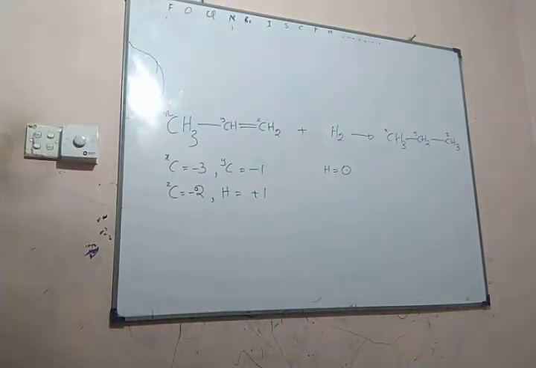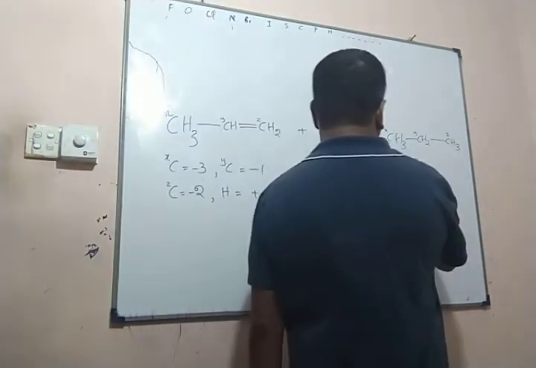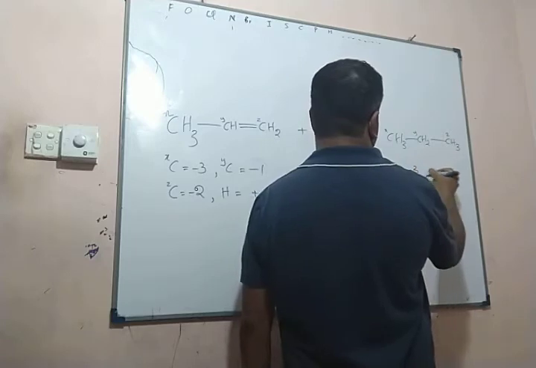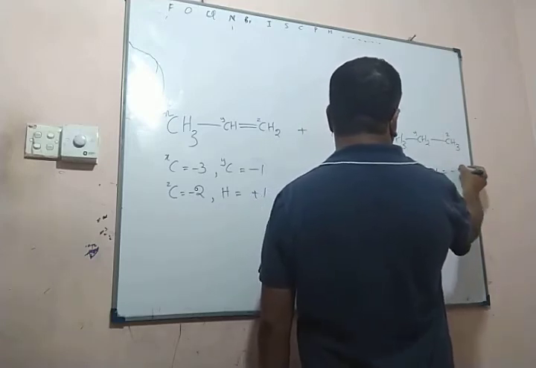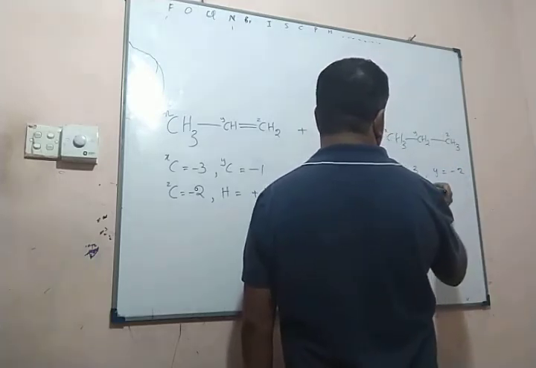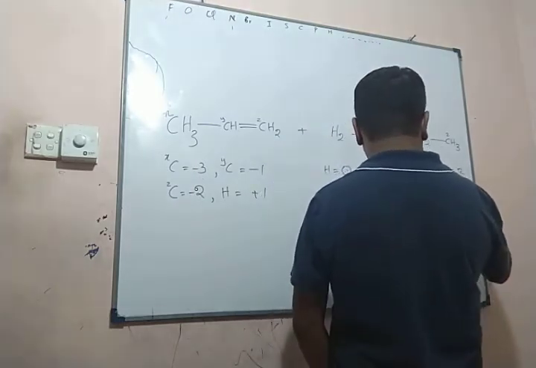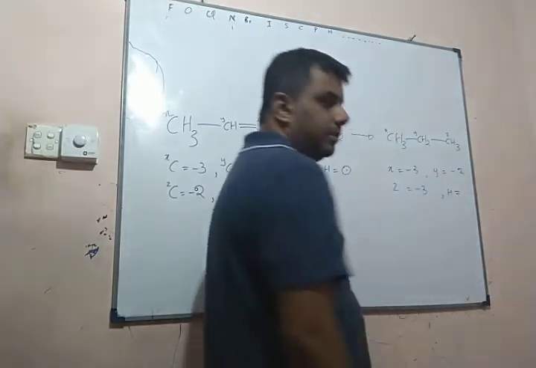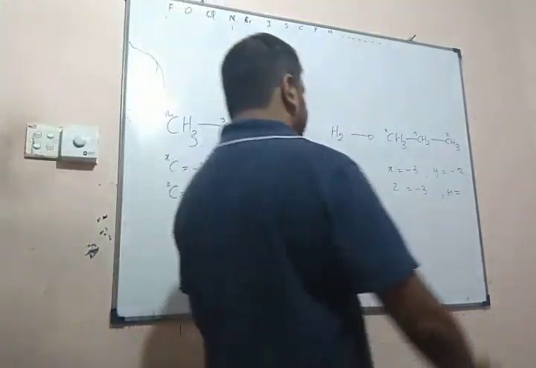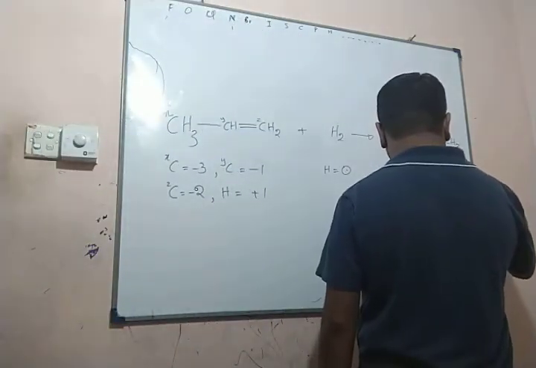And now I've given X carbon -3, Y carbon -2, Z carbon -3. Yes. Hydrogen, what? +1. Okay.